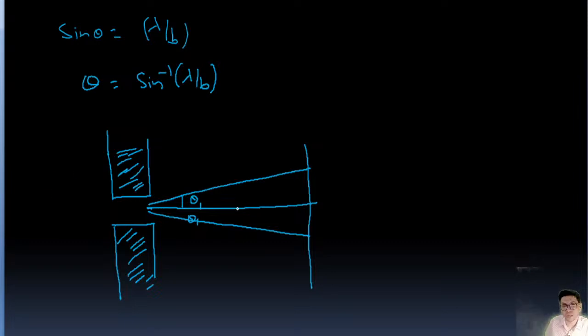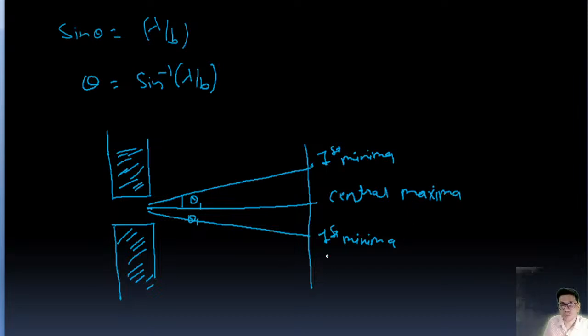For first minima, so this is theta 1, for m equal to 1, first minima. And this is also first minima, for m equal to 1, and this is the central maxima. This is central maxima. Okay.